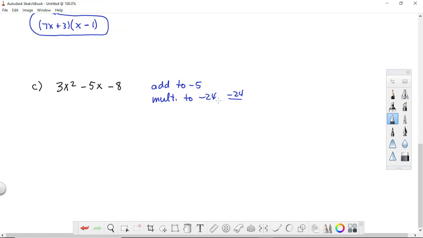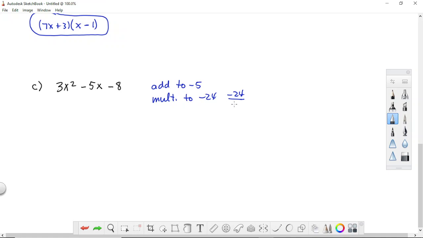What multiplies to make negative 24? It adds to make negative 5. So again, we got to multiply to make a negative number. So it will be a negative and a positive. They add to make a negative, though. So the larger absolute value will be the negative. So we only need to look at pairs with the larger absolute value being the negative.